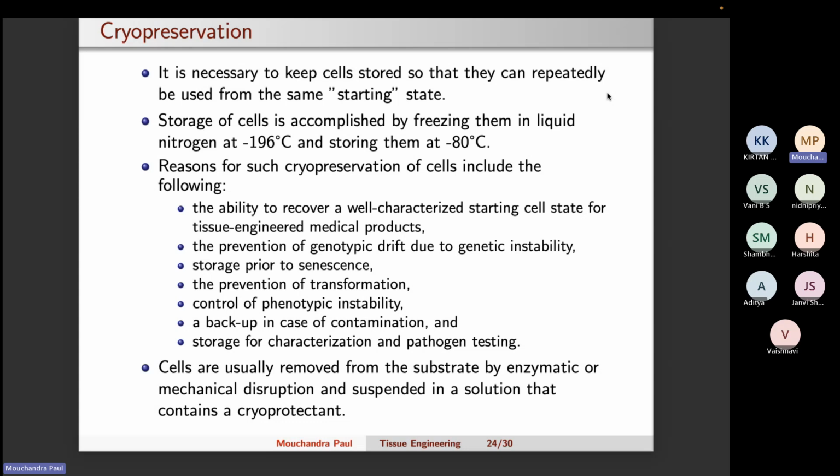It is not always possible to spend this much money, and usually they reach senescence within, say, 1 month. So in that case, we make cell stocks, and these cell stocks are stored at very low temperatures like -80 degrees Celsius or -196 degrees Celsius.